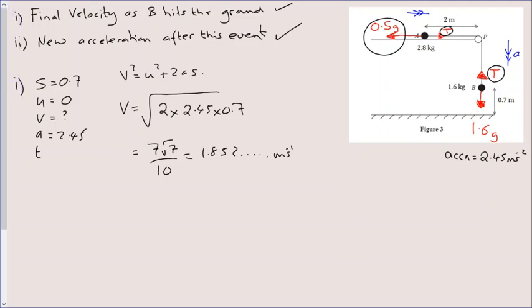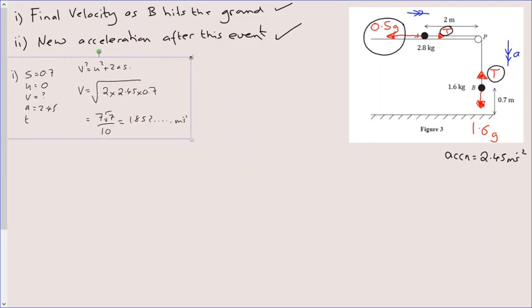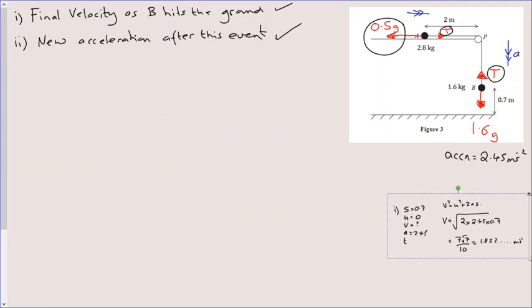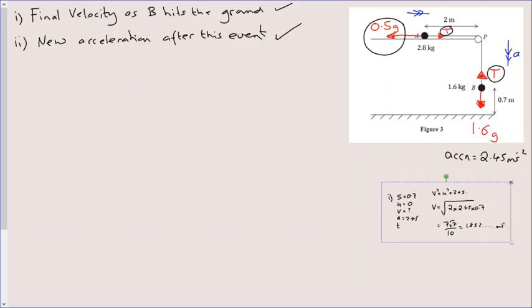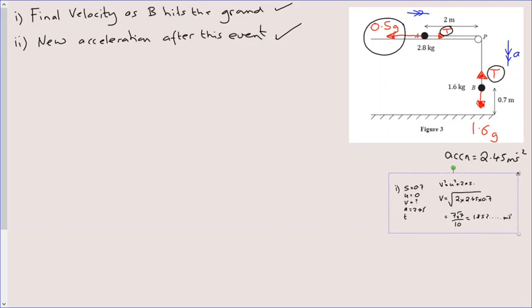Okay, I'm just going to collect that together and put that to one side. So I've got my final velocity as B hits the ground, which will ultimately become the initial velocity for the new situation. Let's just find the acceleration for the new situation.